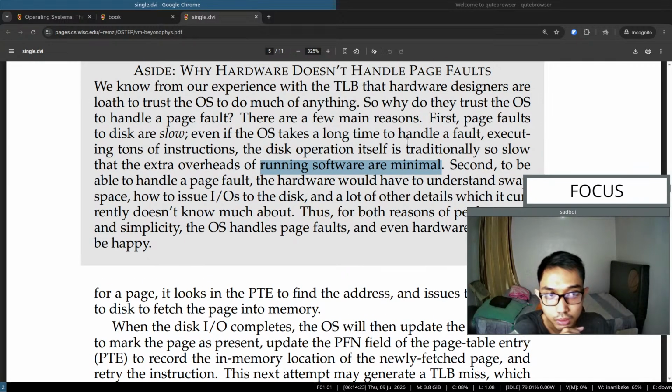Okay, wait a minute. Even if the operating system takes a long time to handle a fault, executing tons of instructions, that operation itself is traditionally so slow that the extra overhead of running software is minimal.